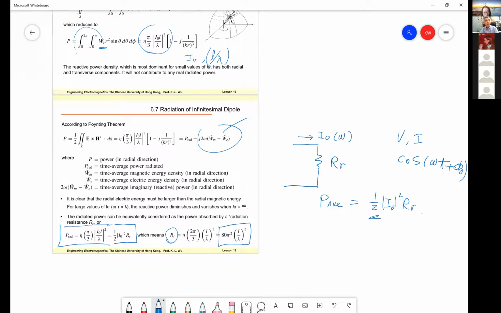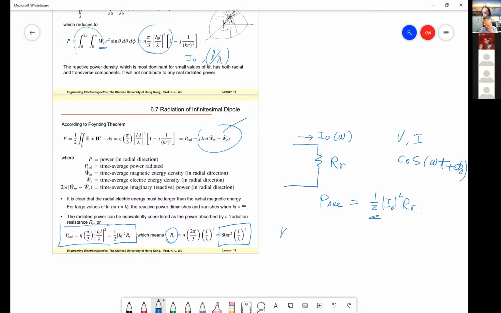This is a very classical result that anyone in antennas must understand. If you have a very, very small dipole antenna, its radiation ability is measured by the radiation resistance, and this is 80 times pi squared.